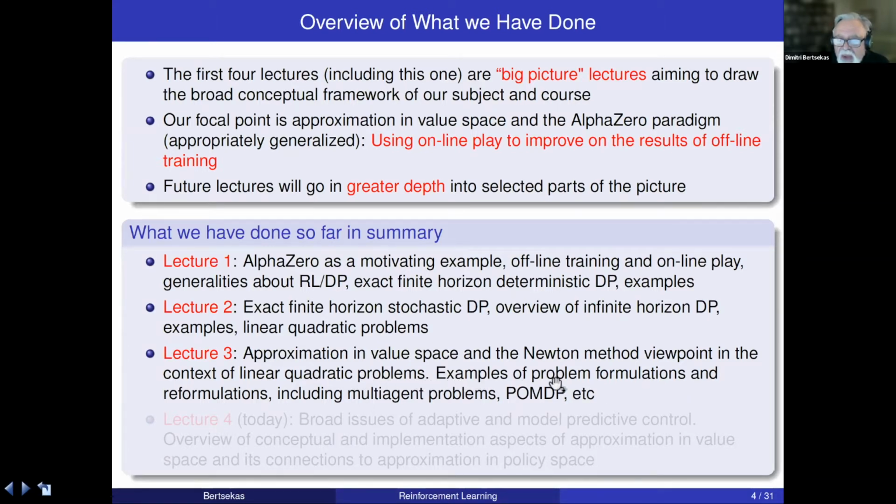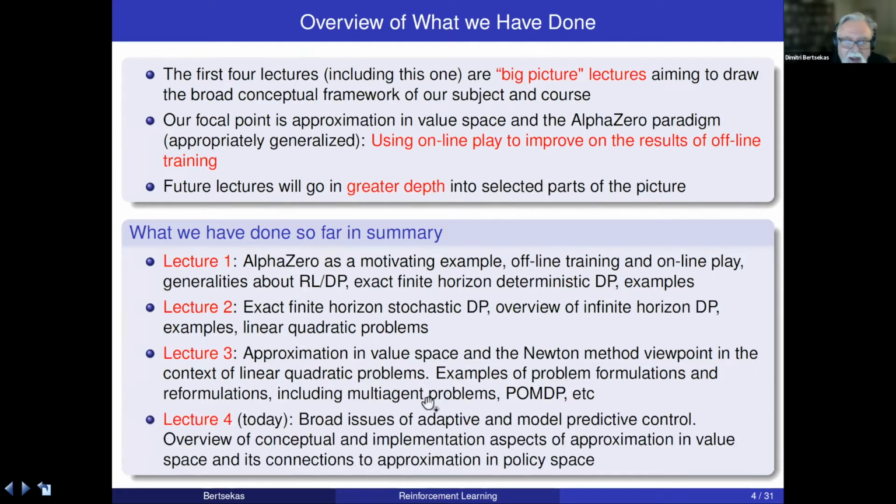Then we gave examples of problem formulations and reformulations, the state augmentation, multi-agent systems, POMDP, and so on. And now today, we're going to complete the subject of problem formulations and look at issues of adaptive control and also model predictive control.